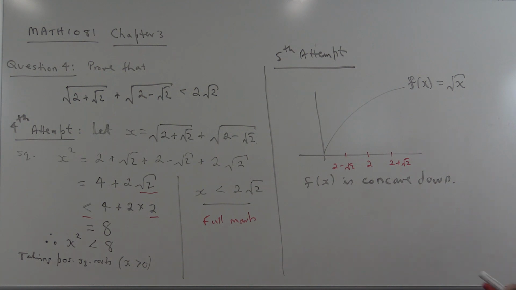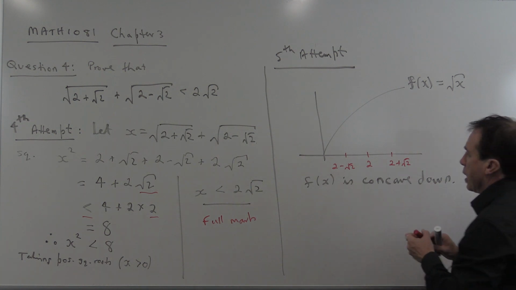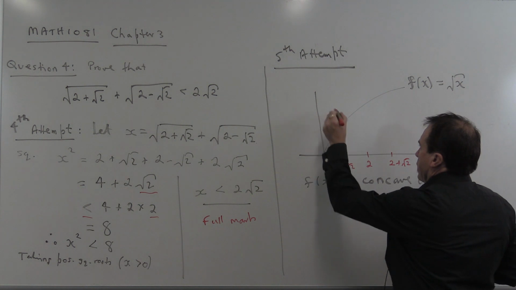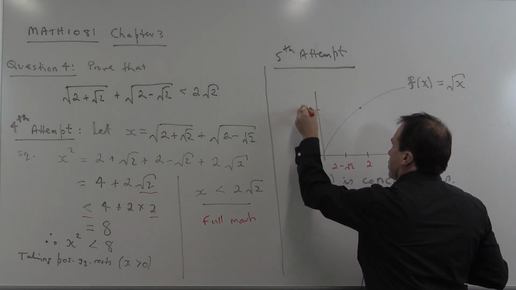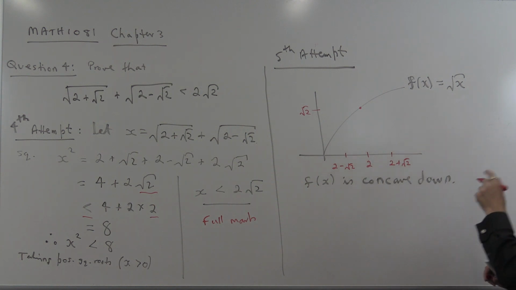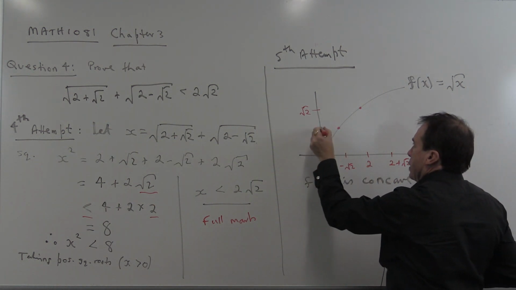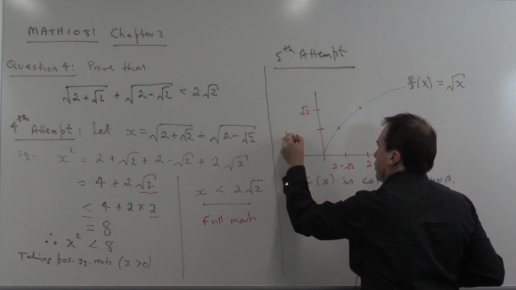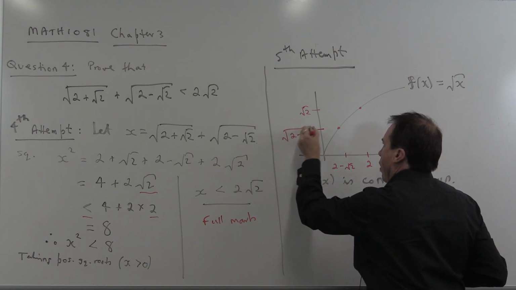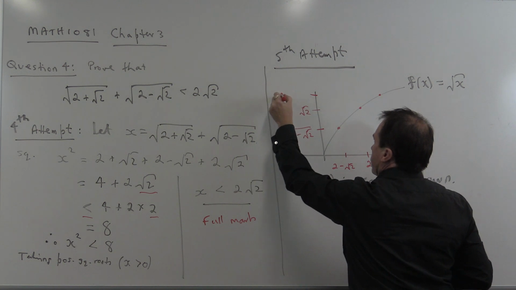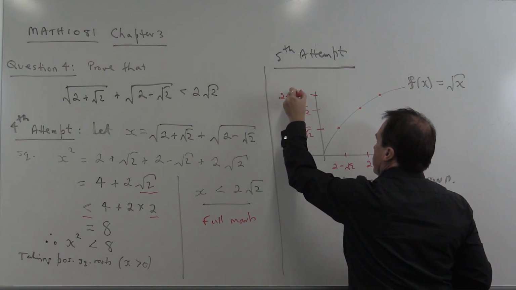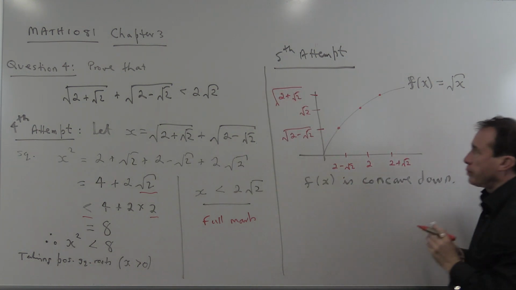And I'm going to see where these are on the graph. So when I go up to the graph here, at this point, this is going to be root 2 because this is the square root of x. This height here is going to be the square root of 2 minus root 2. And this point up here is going to be 2 plus root 2, take the square root.